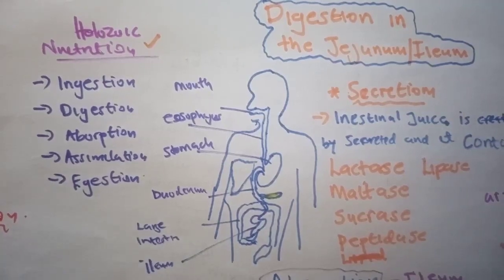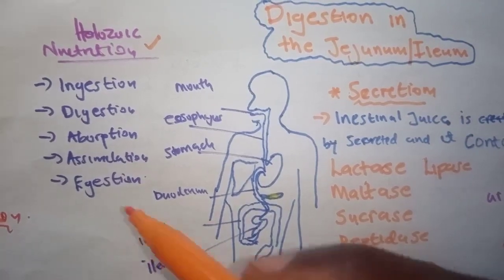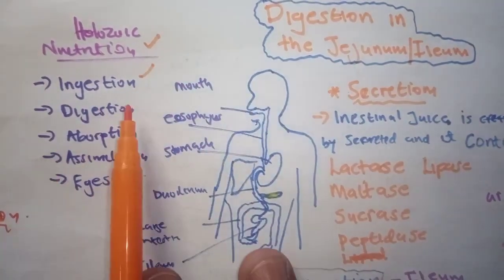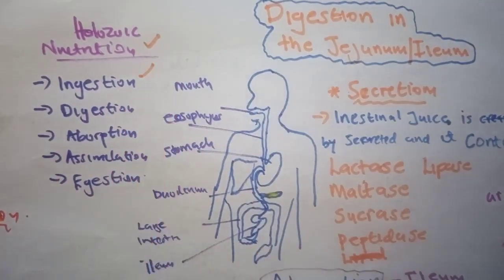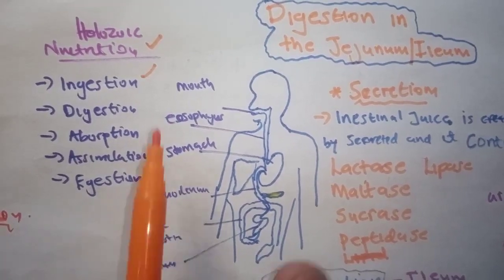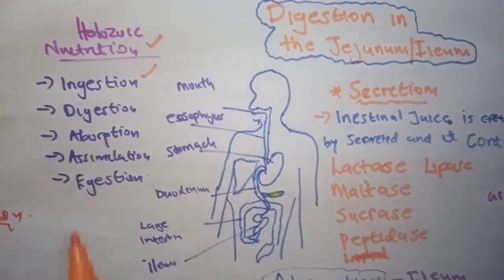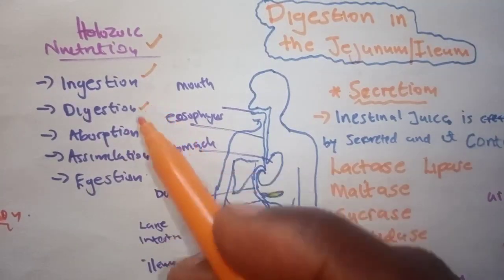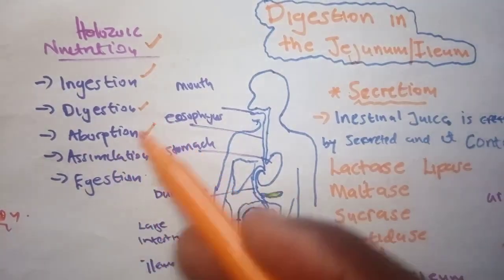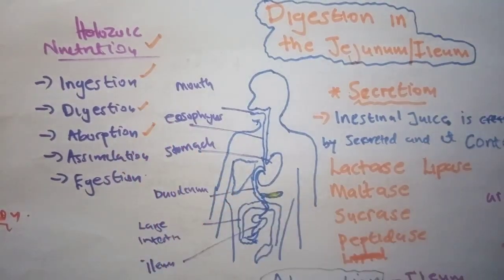Under holozoic nutrition, there are about 5 processes that will take place. The first one is ingestion. We discussed this. We said this is where you're putting anything in the mouth. Digestion is what we're just winding up today, which is the breakdown of food into simple soluble ones that can then be absorbed by the process called absorption.